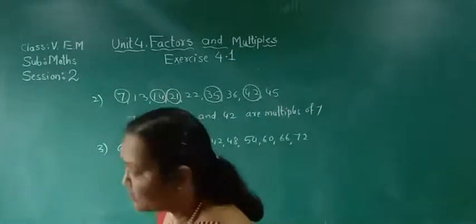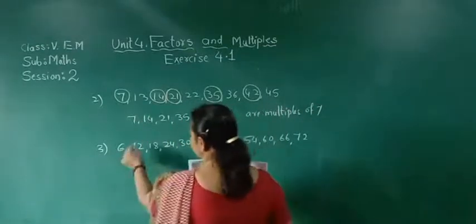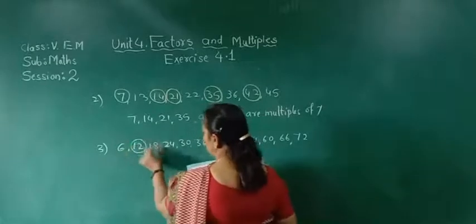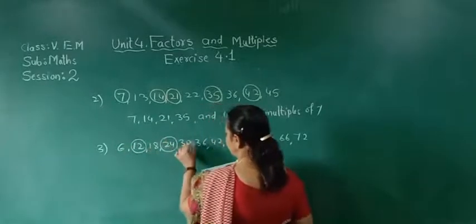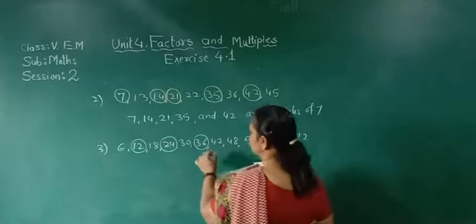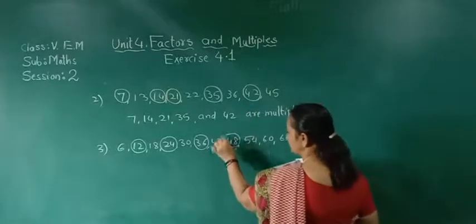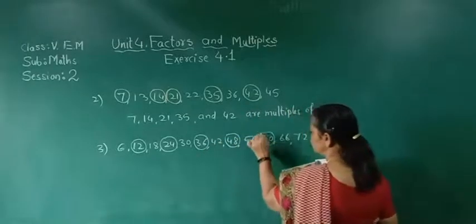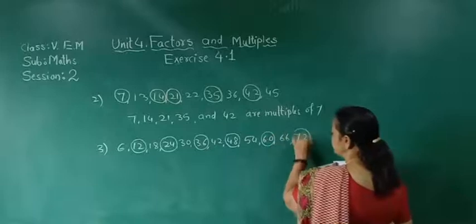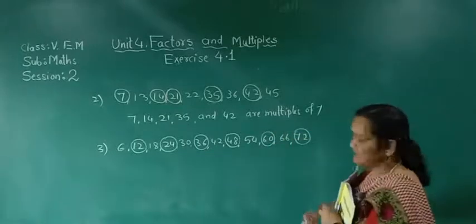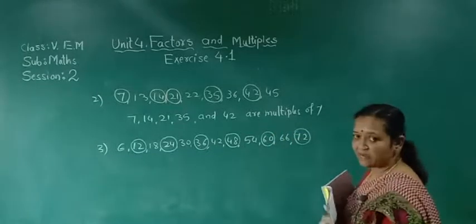So here with blue color, let me mark here: 12 ones are 12, 12 twos are 24, 12 threes are 36, 12 fours are 48, 12 fives are 60, 12 sixes are 72. So these are the numbers which are multiples of 12.